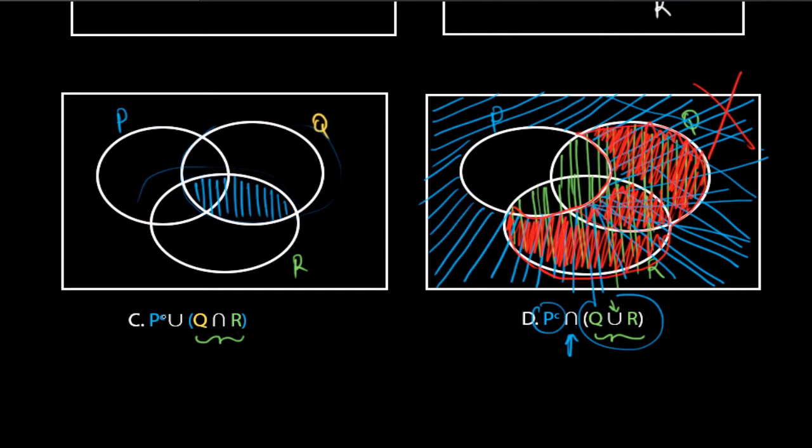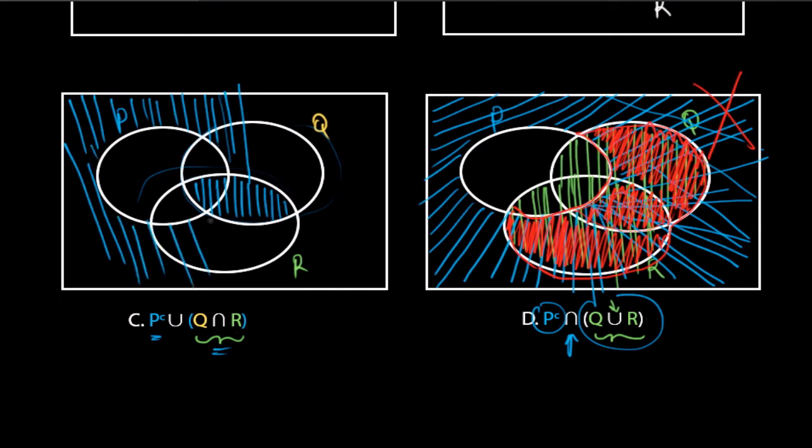Then the complement of P is the region that lies outside of P. So again, I've decided to use the same color because it says union, so I do not want to segregate. I'm meant to marry this and this, so to marry them I have to use the same color. So any region that lies outside of P. So let me just curve that out.